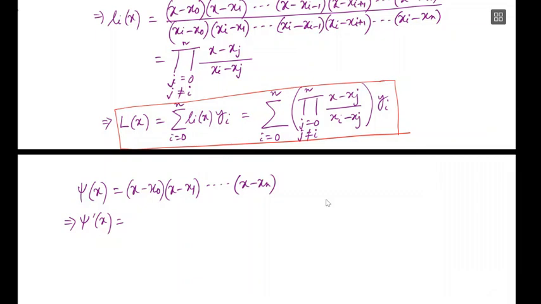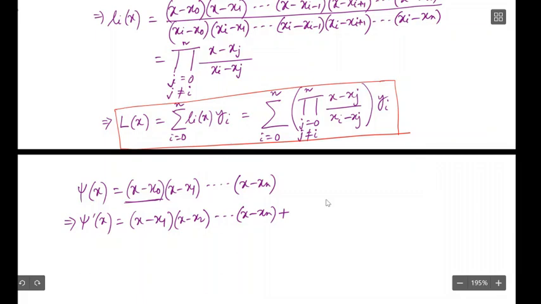If we differentiate the product of n plus 1 linear factors, then for the first term, if we differentiate, you will get 1, all the others will be there. Next, when we take the second term, its derivative is 1 and the others will remain as it is.